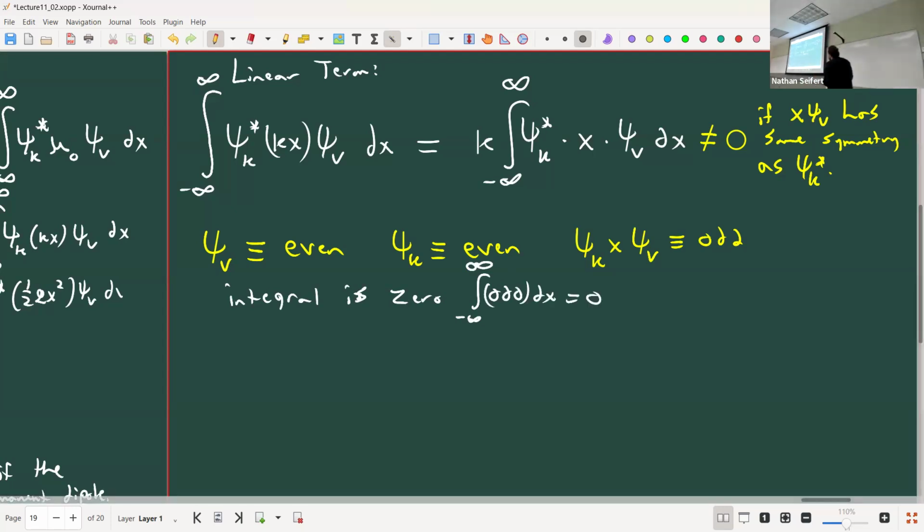Okay, in what situations do we get even? Well, the even functions in the harmonic oscillator are v equals 0, 2, 4, 6, and so on, the even quantum numbers, the ones that are even about exchange.